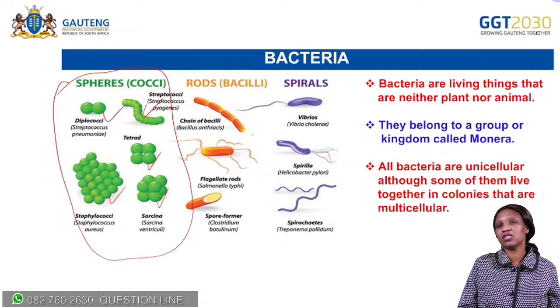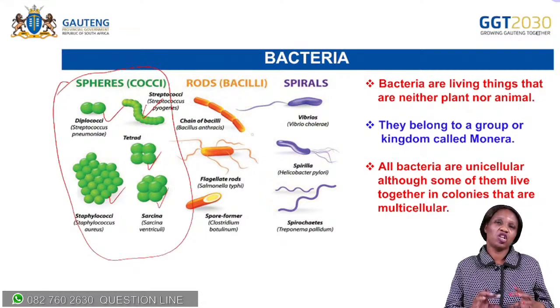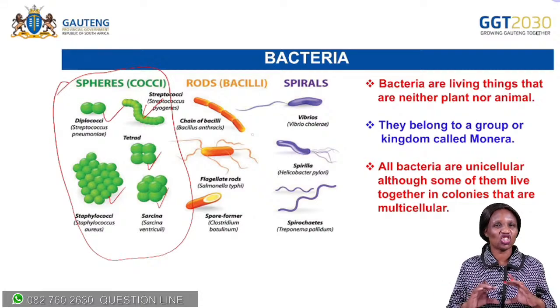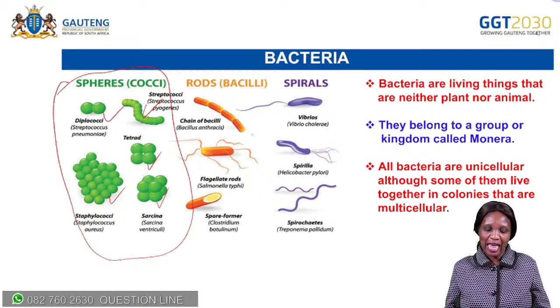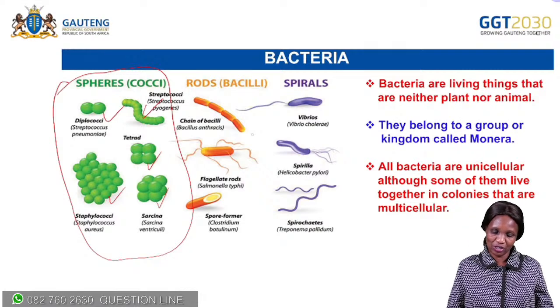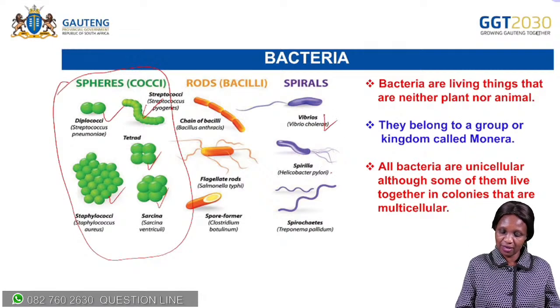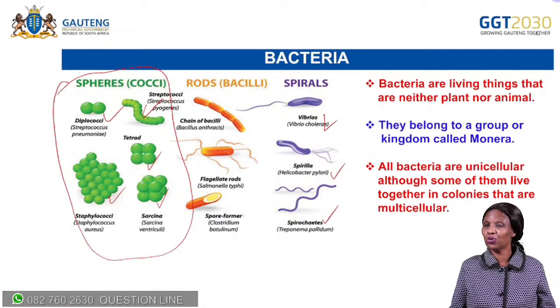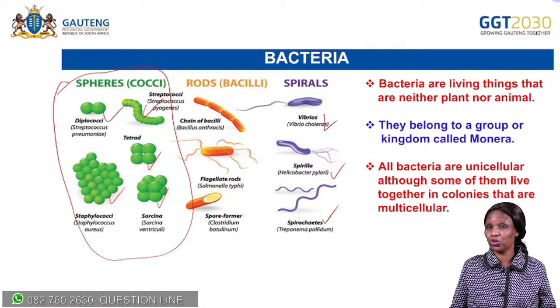And then we've got the bacilli ones. They look like rods. That's the shape of the bacilli. And then we also have the what? The spiral ones. Okay. These are the spiral ones. Okay. This is a very good picture which shows you different types of bacteria.